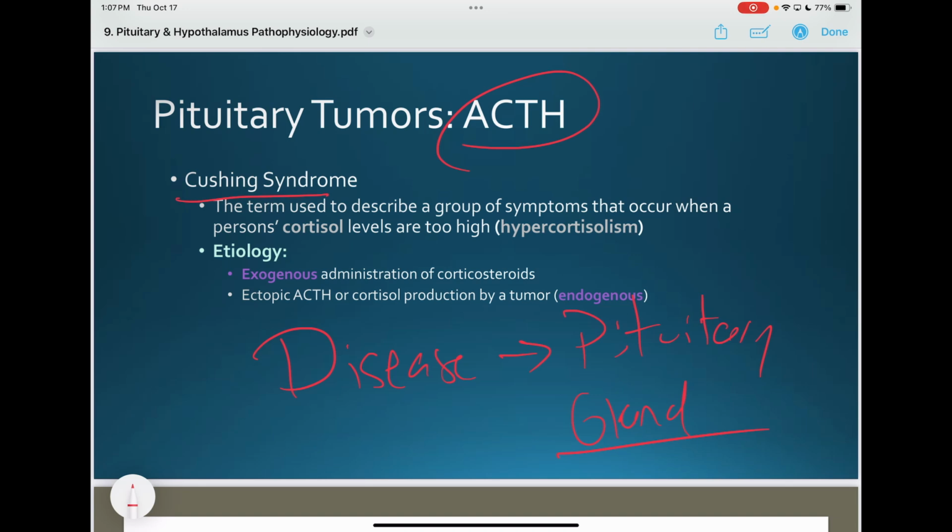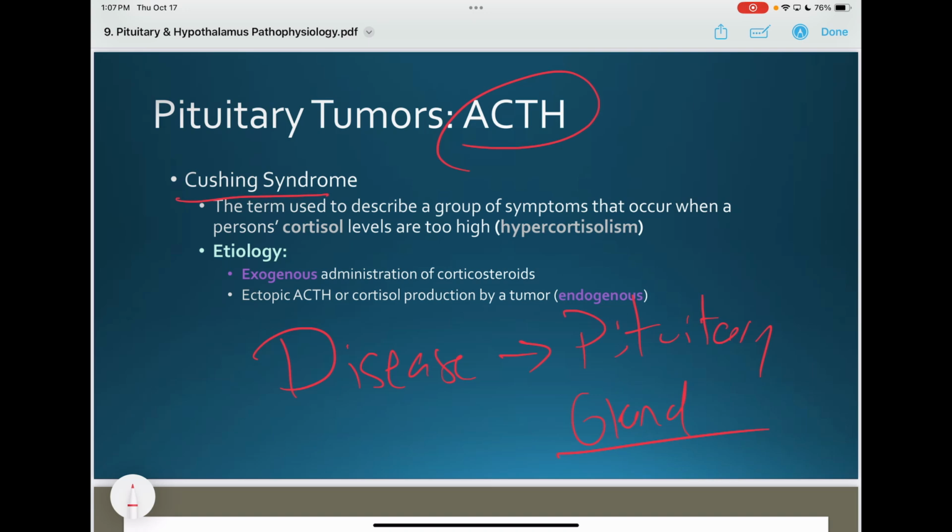Cushing's syndrome is any reason for having high cortisol levels. If you're taking prednisone every day because you have rheumatoid arthritis or whatever, that will raise your cortisol levels, giving you Cushing syndrome if you take too much of it. If you have a tumor in the adrenal cortex dumping out cortisol, that will be high as well, but the problem is with the adrenal gland, not the pituitary.